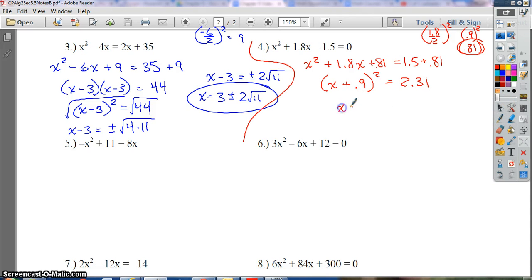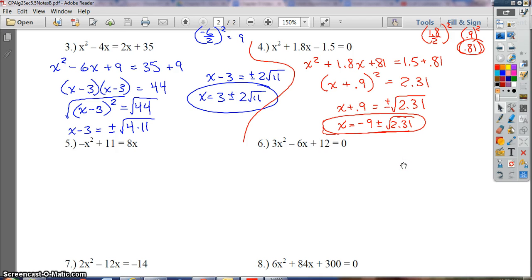Square root of that, so I get x plus 0.9 equals plus or minus the square root of 2.31. And we can basically leave it as this. Or I can open up this calculator and actually give it to you in not so rounded answers. Give me a second here, I'll open that up for you.